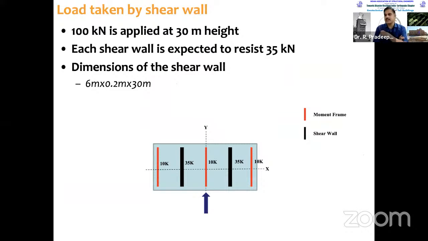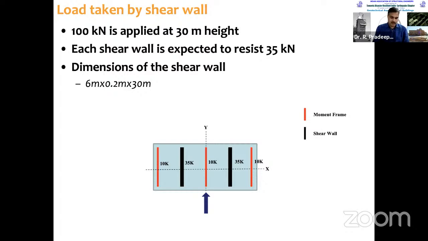Now, I am under the assumption that 70% of the force is resisted by the shear wall, but actually it is 70 divided by 1.5, if we are not accounting for soil structure interaction effects. So if a 100 kilonewton load is applied, our assumption was that 70 kilonewton is taken by the shear wall.